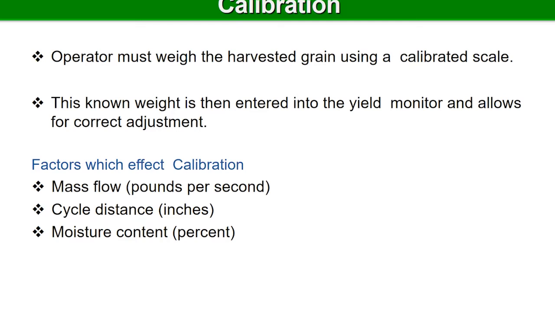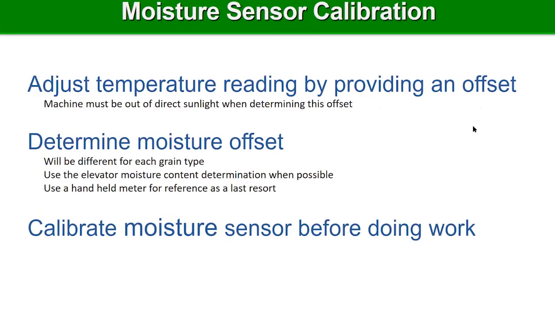Then you can come back to your yield monitor and adjust it if you are off on the readings. So the first step is to adjust the temperature and the moisture offset.